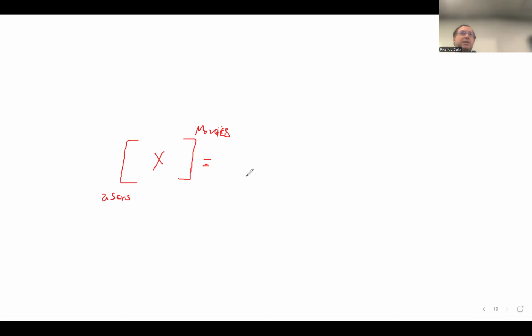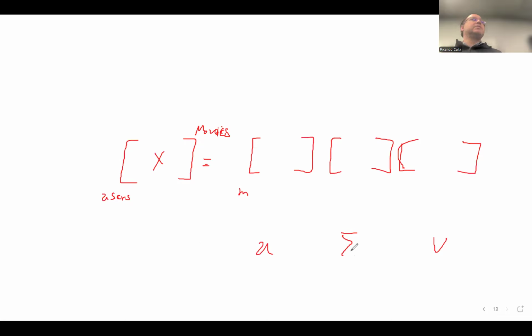I'm able to decompose this into 3 matrices: U, the diagonal, and another matrix over here, V. Do you see that, guys?